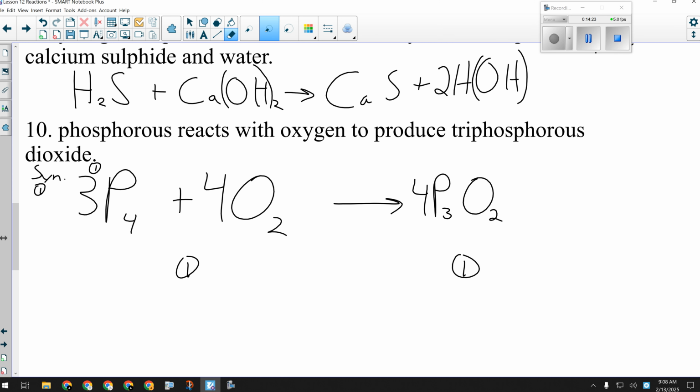Like a synthesis reaction is always 2 elements reacting. A decomposition reaction is always just 1 compound. A combustion reaction is always a hydrocarbon and oxygen. Okay? Double replacement is 2 ionic compounds. Right? Single replacement is an element and an ionic compound. You can tell what reaction type you're dealing with just from the reactants. And then from there, you just use the pattern to put the products together.